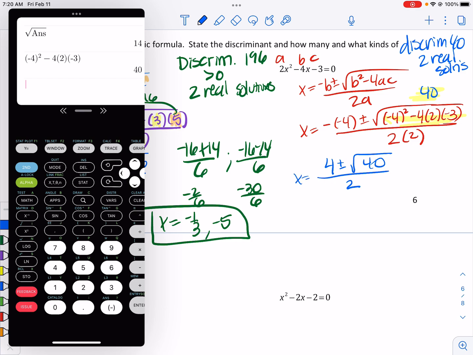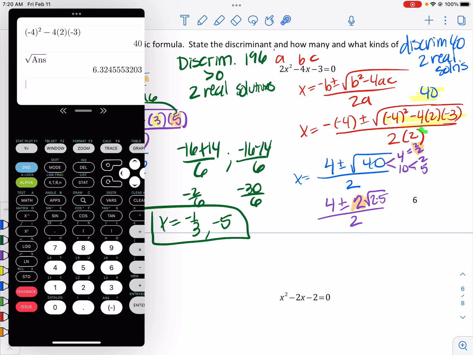Well, 40, if we try to see if it's a perfect square, it's not. So what I need to do is break it down. Well, 40 is 4 and 10. 10 is 2 and 5, 4 is 2 and 2, so I have a pair of 2's and then a loner 2 and 5. So I get 4 plus or minus, the pair of 2's comes out, and then underneath we still have the 2 times the 5, and then over 2.